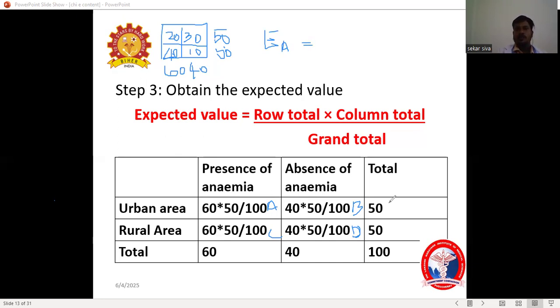The row total will be 50 into column total will be 60 divided by grand total 100. This is the expected value for A cell, and the expected value for B is row total into column total.